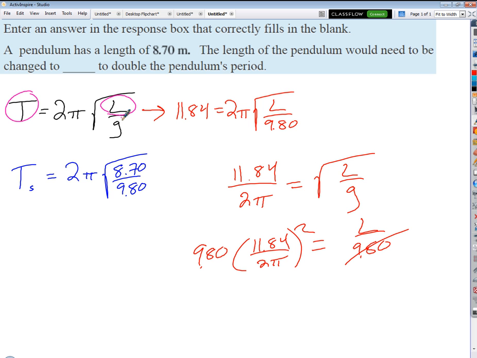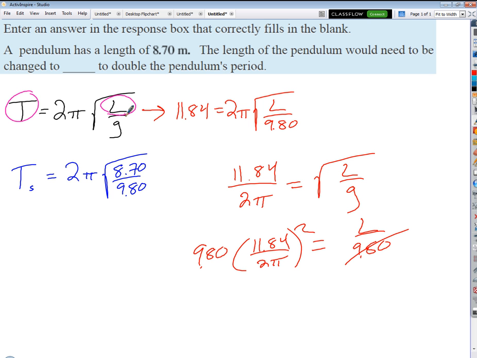Period is proportional to the square root of length, right? So in order for me to double the period, if I increase the left side of this equation by a factor of 2, what am I going to have to do to L to make the right side twice as big? I'm going to have to increase it by a factor of 4, because it's being square rooted, and the square root of 4 is only 2. See what I'm saying?